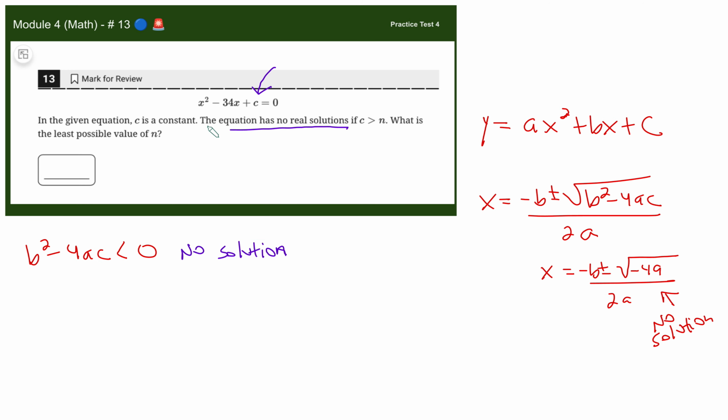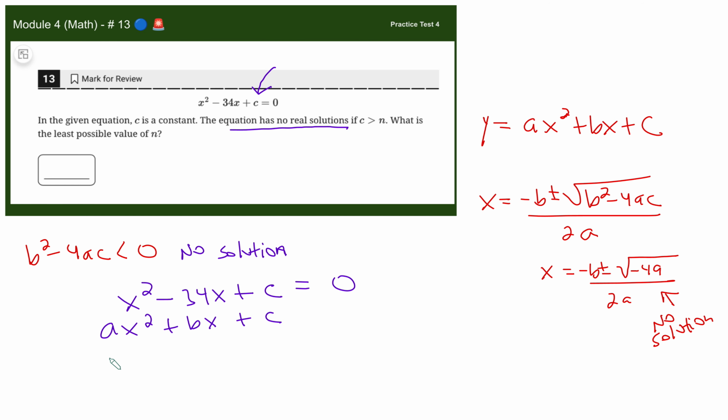Let me write this down. We have x squared minus 34x plus c equals 0, and that's going to match up with ax squared plus bx plus c.